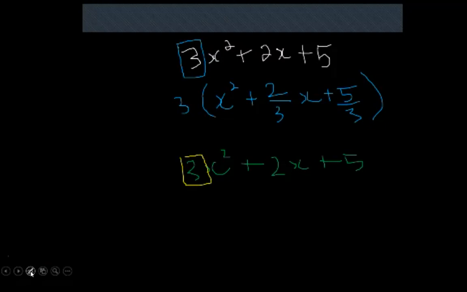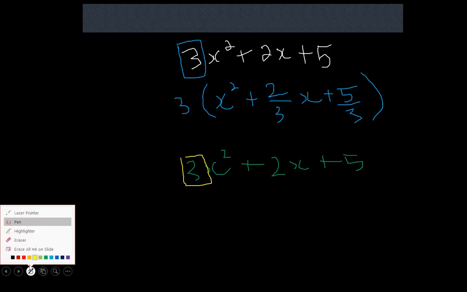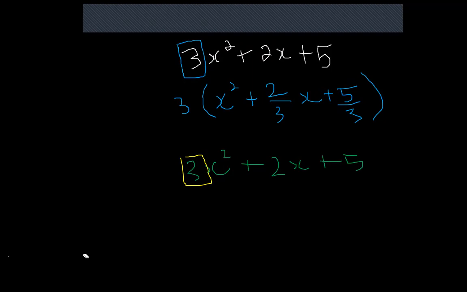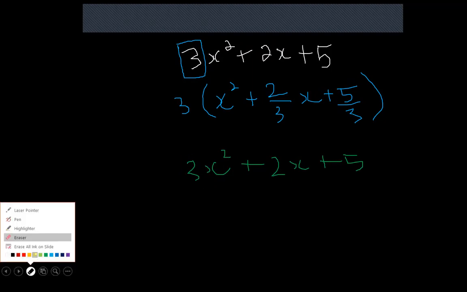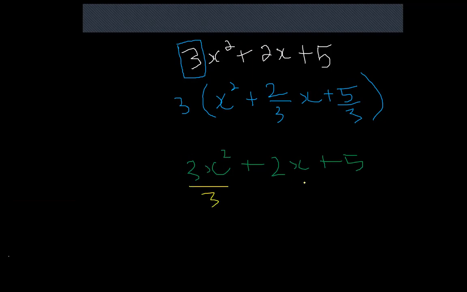So what you're supposed to ask yourself is, how am I going to get that value to be 1? Well, I need to get rid of this 3 right here. And how would you get rid of the 3? Well, you divide it by 3. So I divide this by 3. But you can't just divide this by 3 and then leave the rest. No, you have to divide everything by 3. These 3's cancel. And that's how I get this. x squared plus 2/3 x plus 5/3.